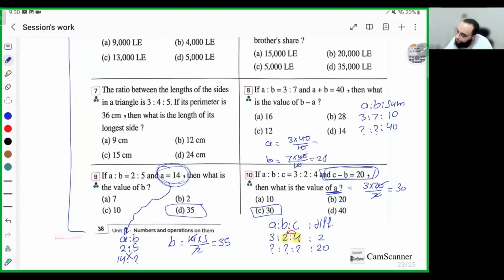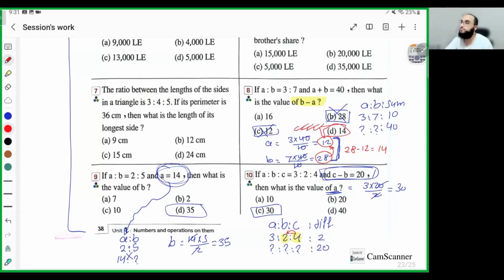This is 4 times 3, 12. Is it 28? No. Is it 12? No. So what is the answer? He is asking you about B minus A. Then get the value of B and subtract it from A. Then it's 28 minus 12. 28 minus 12 actually is gonna be 14. This is the correct answer.